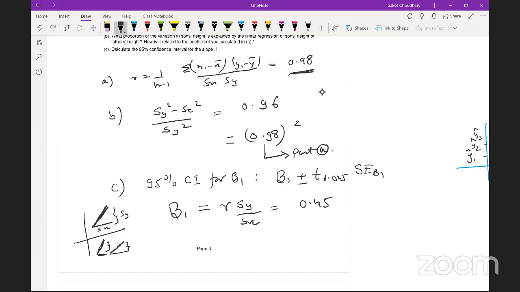The standard error of beta 1 is given by se by sx. Again, you'll have access to this formula, but you can think about why we get the same kind of behavior. So let me be clear. This is sy, this is still sy. This is sx, which is small.